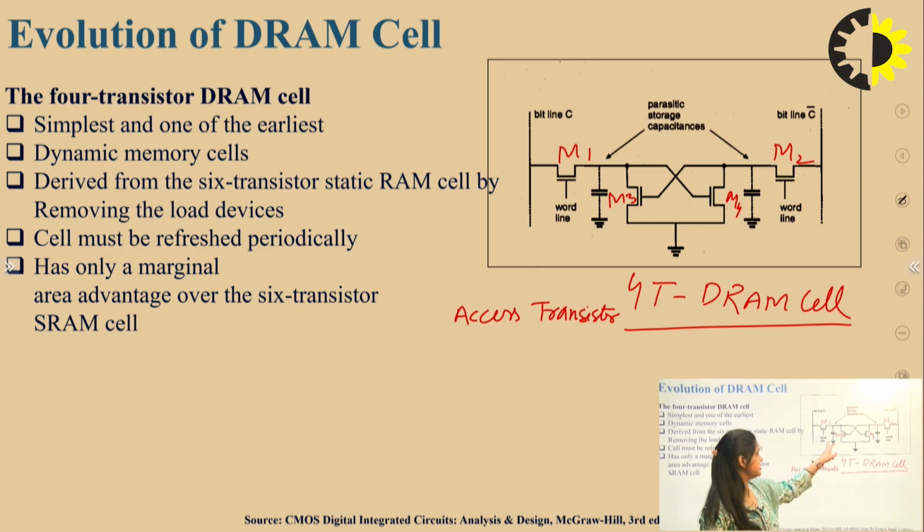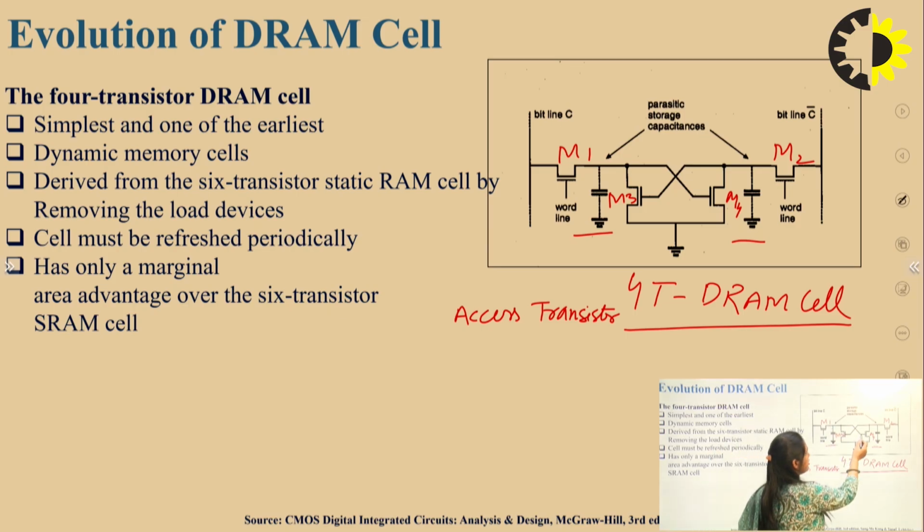The bit is stored in the form of charge in 2 capacitors, connected to the gate of M4 and the gate of M3. These are CGS4 and CGS3.